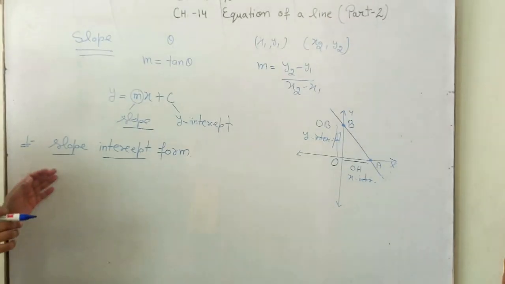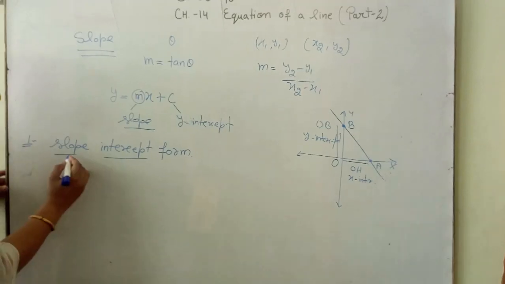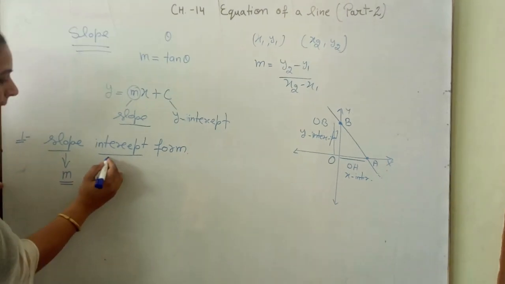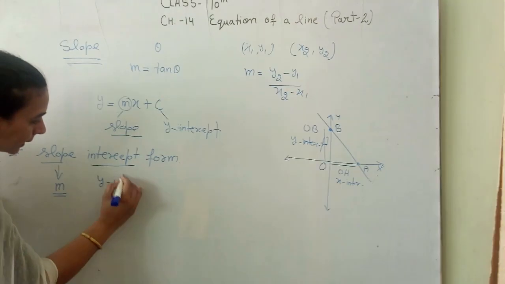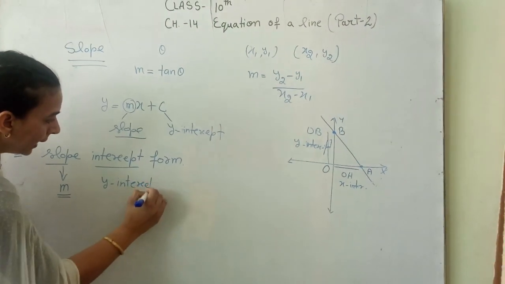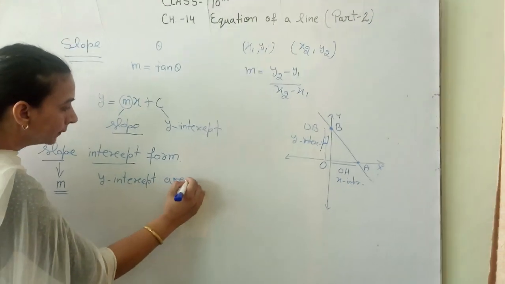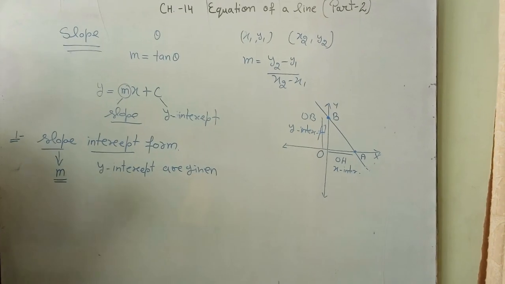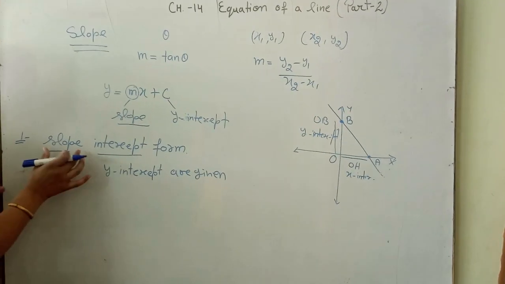So the first type, slope-intercept form: if slope, meaning m, is given and the y-intercept is given, then we find the equation of a line by this method.